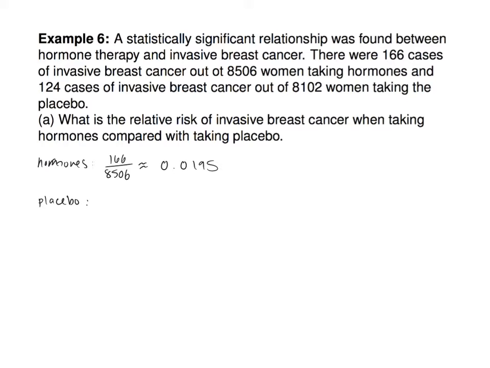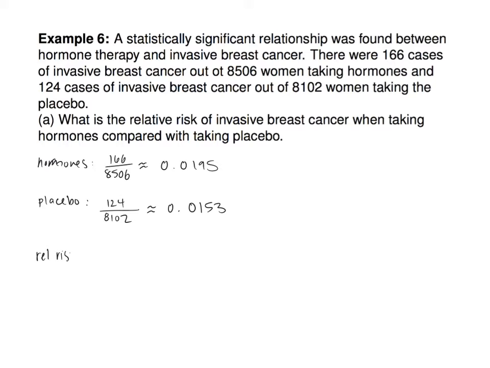For placebo, it was 124 out of 8,102, which came out to be about 0.0153. Did it look all that different in terms of the risk? Not really, right? Okay, so then let's compute the relative risk.